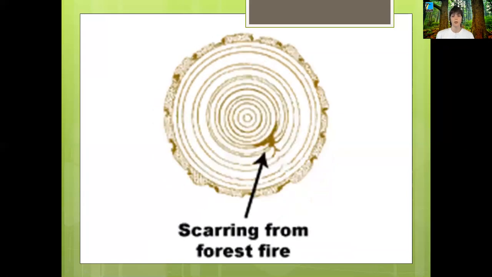If there's a dark spot on one of your rings, there may have been a forest fire that your tree survived. The fire maybe burned the outer bark at the time, and then over the years the tree healed that wound and covered it up, and you can no longer see it unless you look at the tree cookie and see that scar from the forest fire.